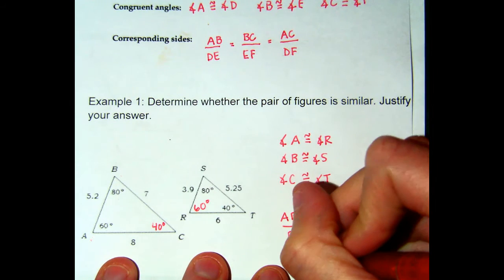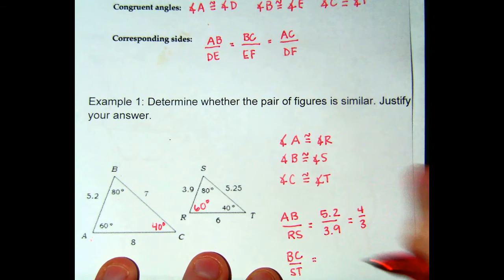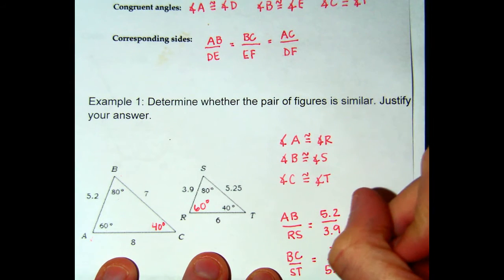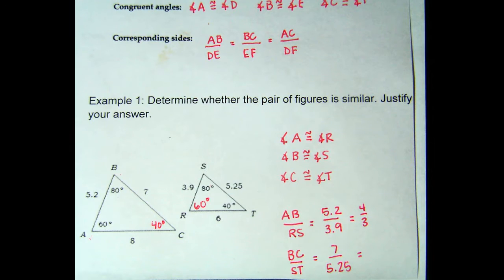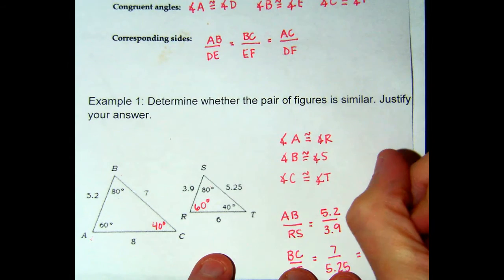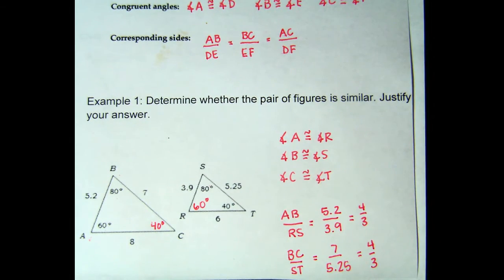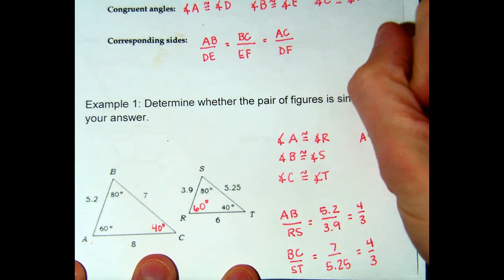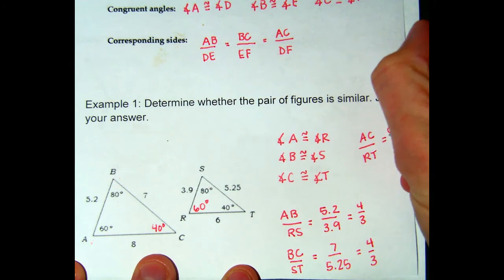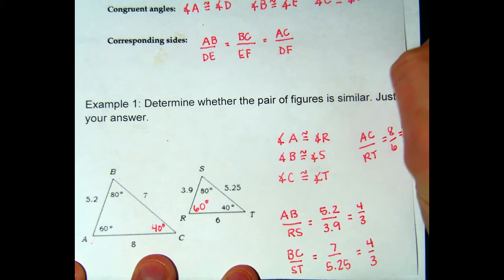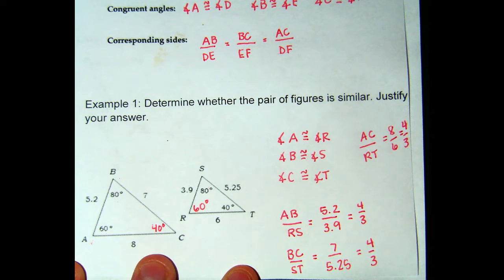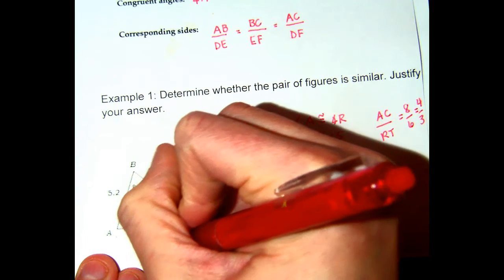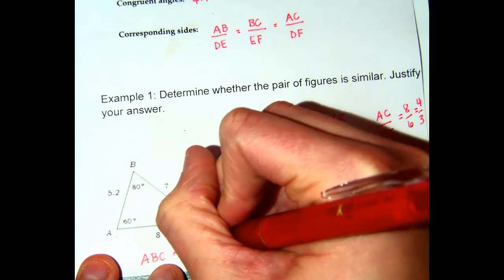BC over ST: 7 over 5.25. 7 divided by 5.25 is 4/3. That one works out. We need to check the last segment. I'm going to have to do that one over here. AC over RT is 8/6. So like this one, it's easy to figure out. That is also 4/3. Since all of these are proportional and the angles are all congruent, we know that ABC is similar to RST.